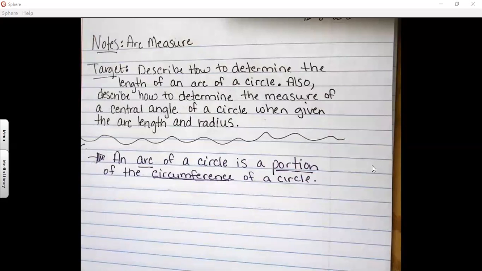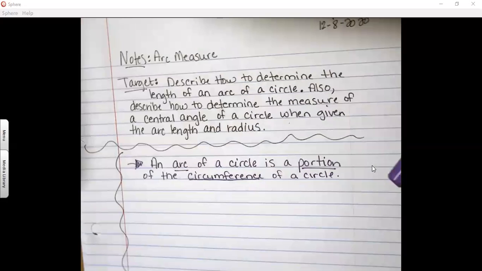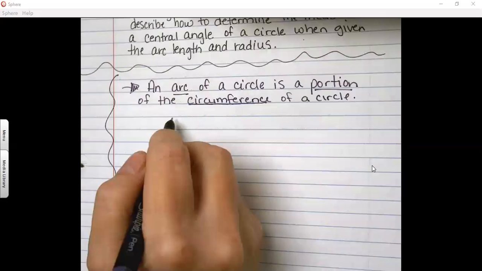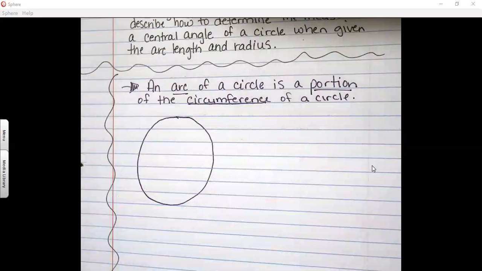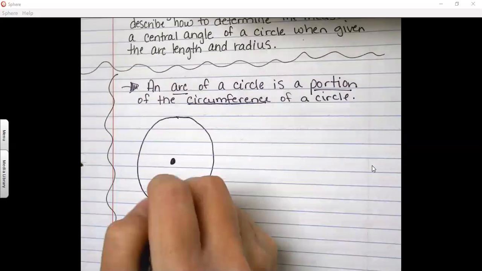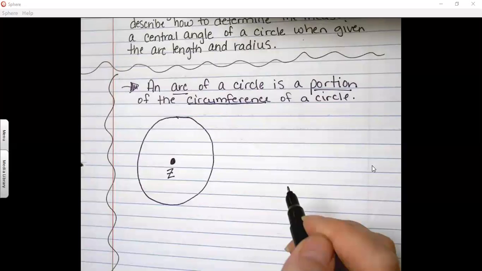So I'm going to draw a circle. We're good at drawing circles these days. And in the center of my circle, I'm going to put a point, and I'm going to label it point Z. And I am going to draw a line segment that connects Z to the circle.